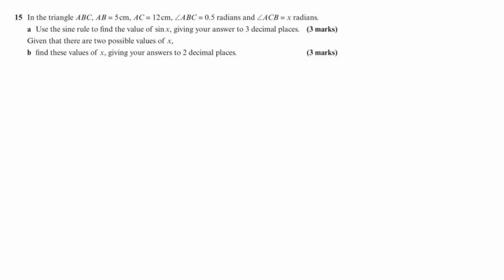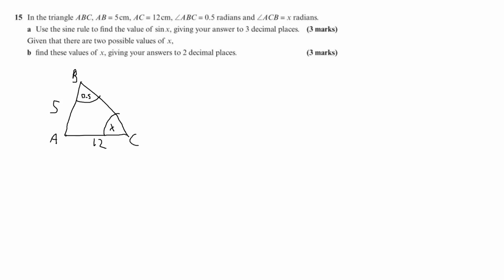Well, the first thing we want to do is draw a diagram. So I'll label this A, B, and C. We know that AB is 5, AC is 12. We don't know what BC is, that's fine. And we're given that ABC is 0.5 and ACB is going to be x.